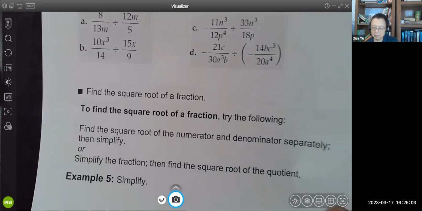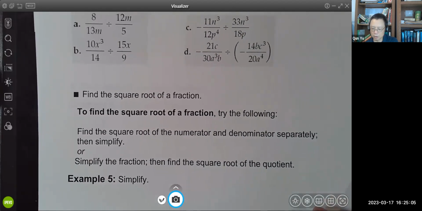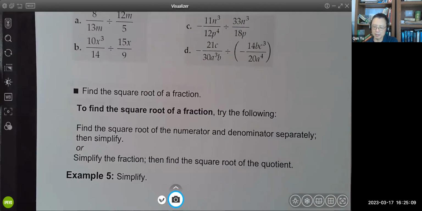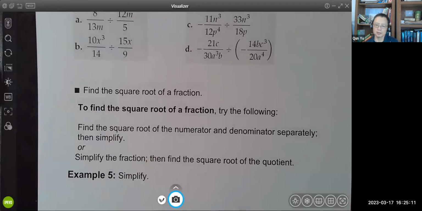Now, next topic, let's find the square root of a fraction. Basically here, there are 2 approaches, at least in this pre-algebra course. First, you want to try to take a square root of the numerator and the denominator separately, if they can.